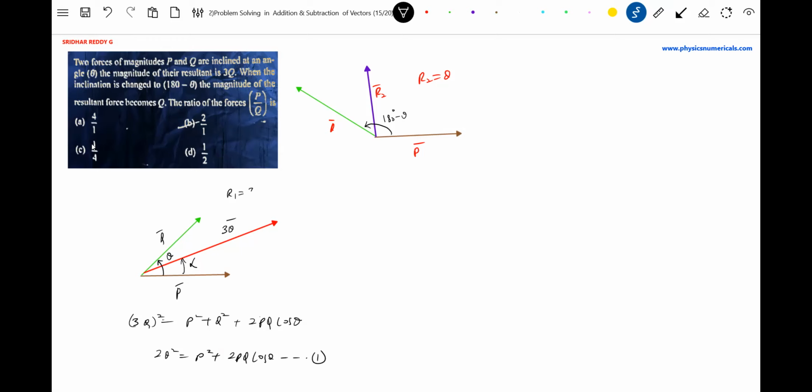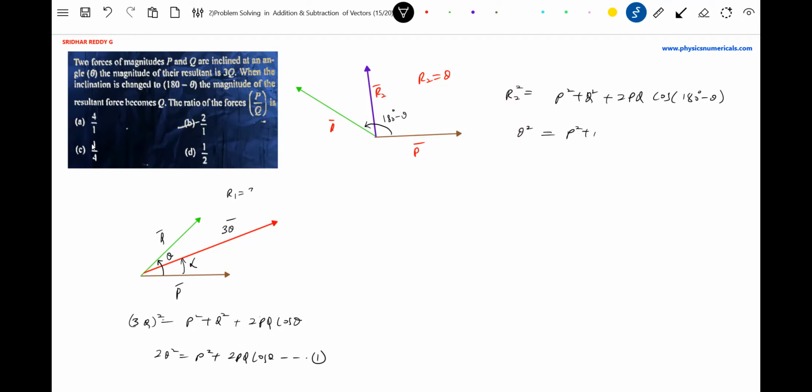Now similarly on this side, 180 minus theta, what is the value? R2 square equals P square plus Q square plus 2PQ cos of the angle between P bar and Q bar, which is now 180 degrees minus theta. This will become Q square from here.